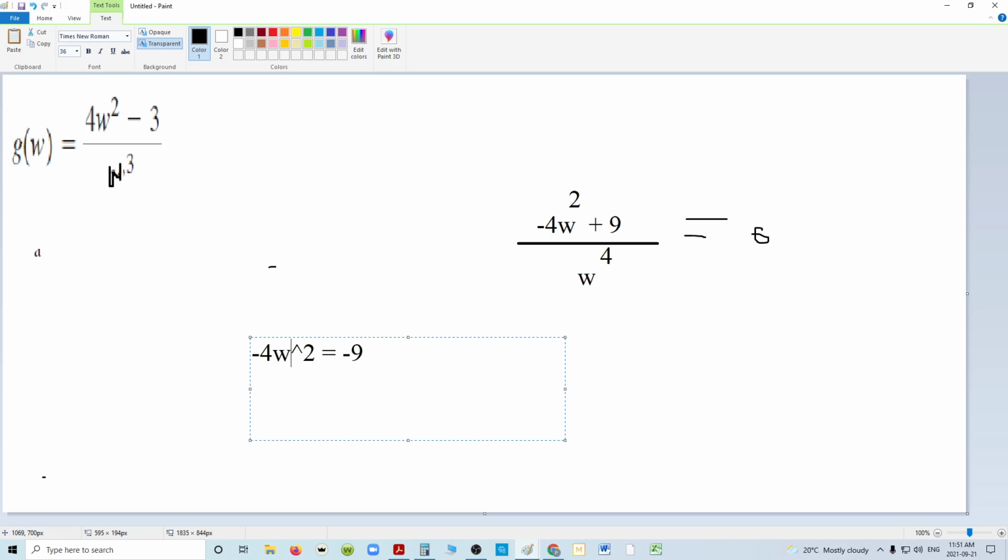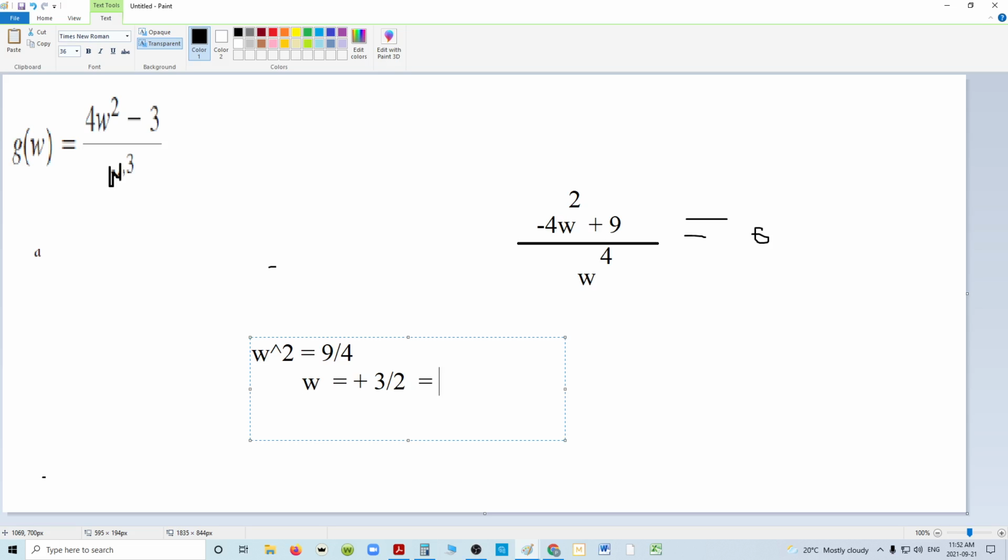When I divide both sides by minus 4, I'm left with plus 9 over 4, which means w is going to be equal to the positive square root of 9 over 4. What's the square root of 9 over 4? 3 over 2, which is something we discovered before. So that's equal to 1.5.